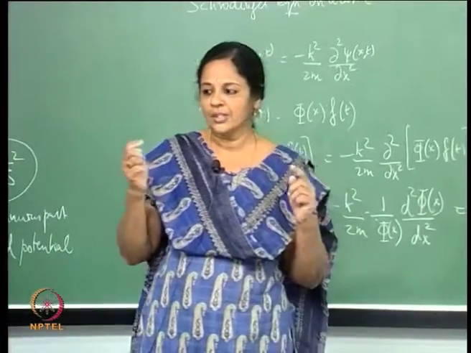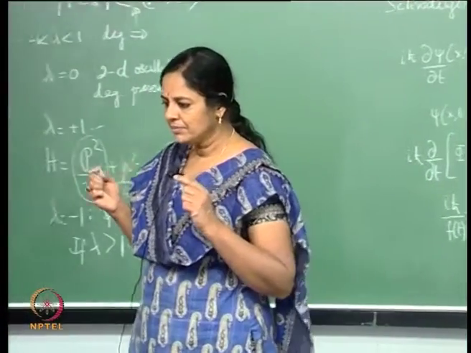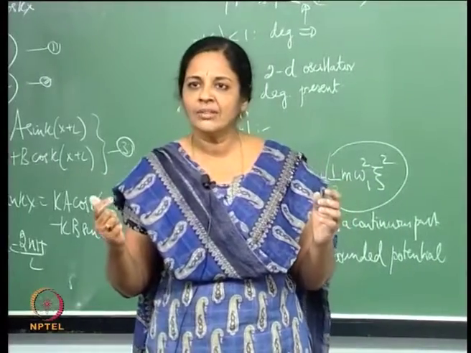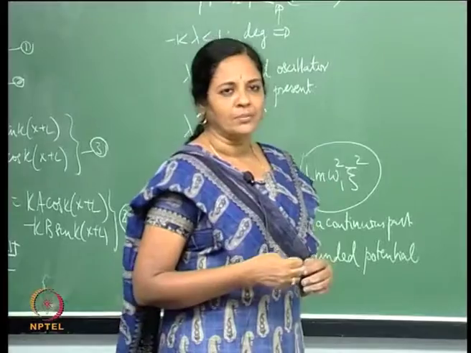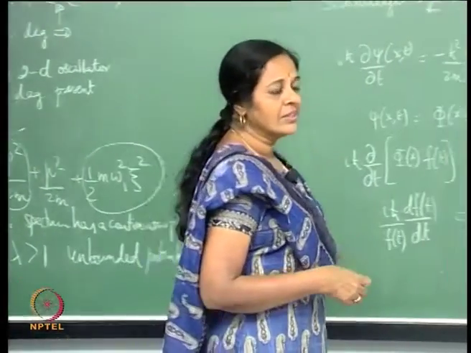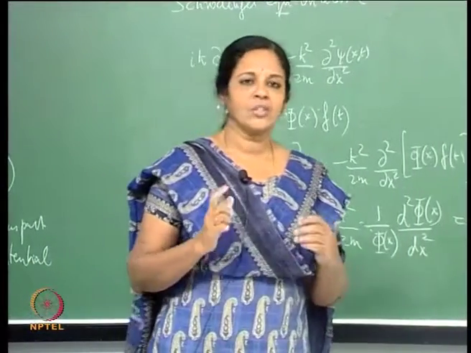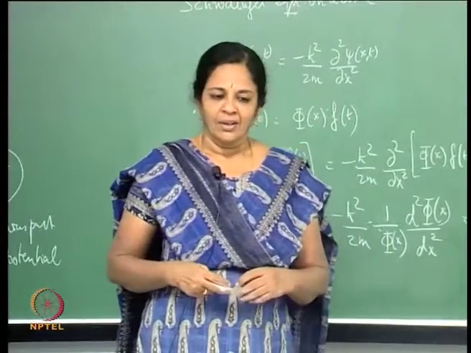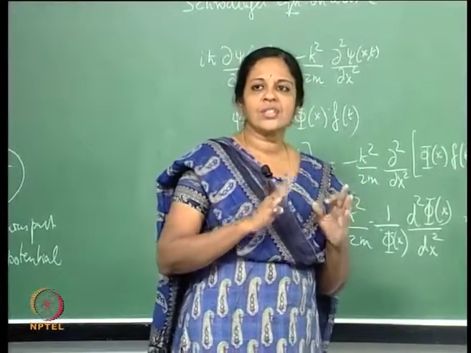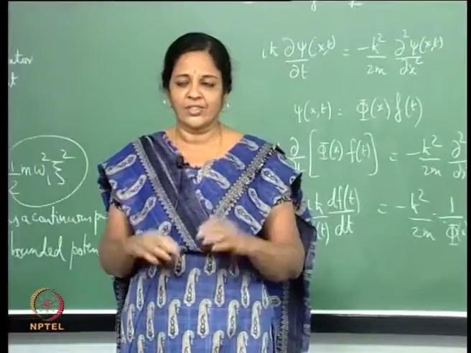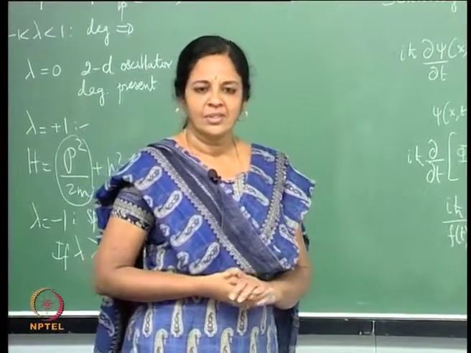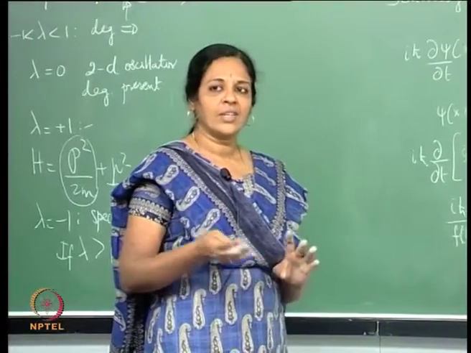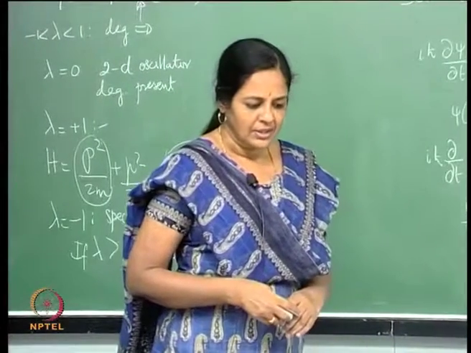The context of conservation laws in general, I told you that the total angular momentum is a good quantum number, not necessarily the orbital angular momentum or the spin, because J, which is L plus S vector addition, is what is conserved in any process, be it a strong, weak, electromagnetic, any process.